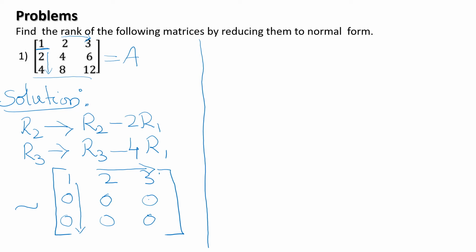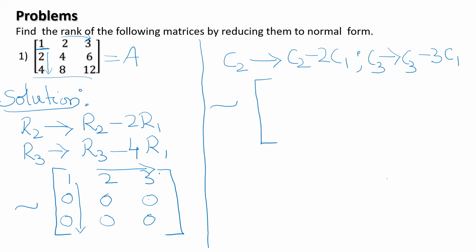What is the operation that I need to consider? This time column operations. So C2 is C2 minus 2 C1 and C3 is C3 minus 3 C1. The equivalent matrix that we get is 1 0 0.